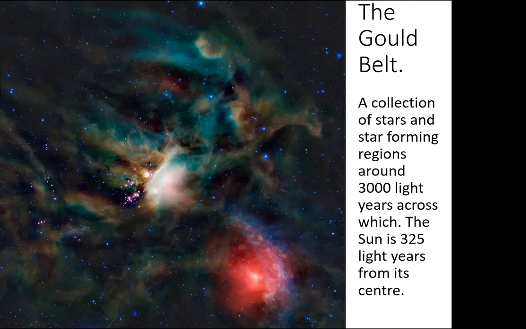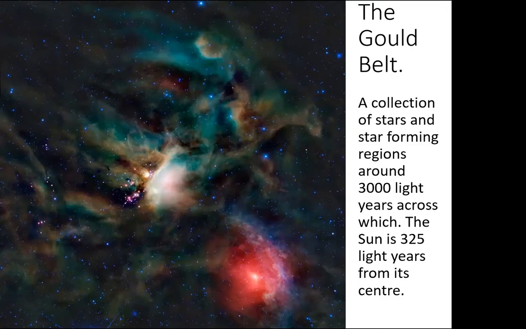It may be that it's all part of the spiral arms and the star forming regions of the Orion arm, and we are about 325 light years away from it.